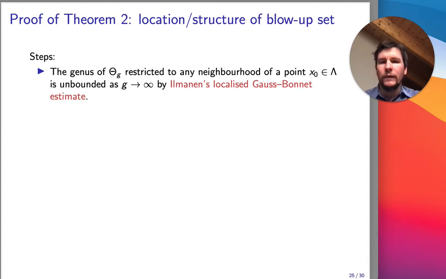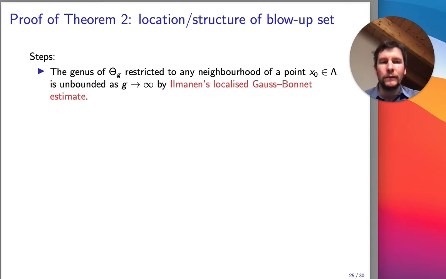Okay, so the first step is that the genus restricted to any neighborhood of a point in gamma is unbounded as G goes to infinity. So this is obtained by a localized Gauss-Bonnet estimate. So the fact is, you know that you have second fundamental form in some integral sense.